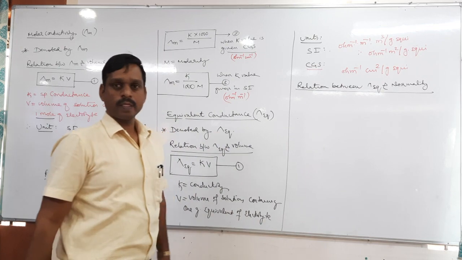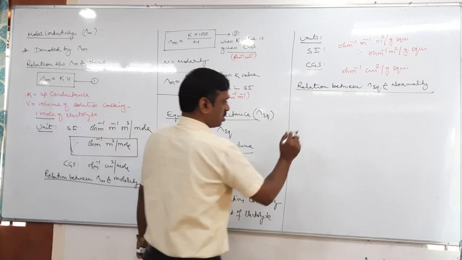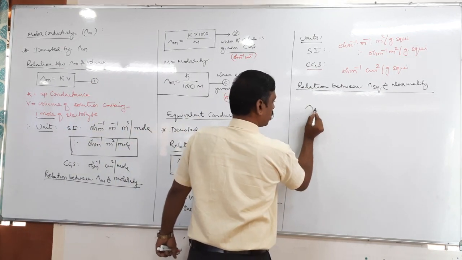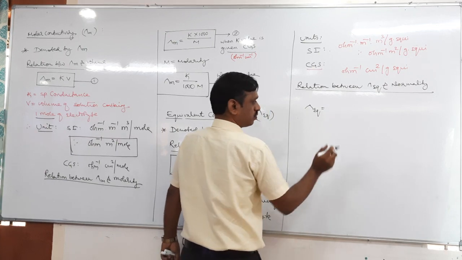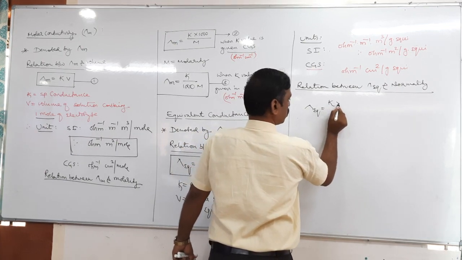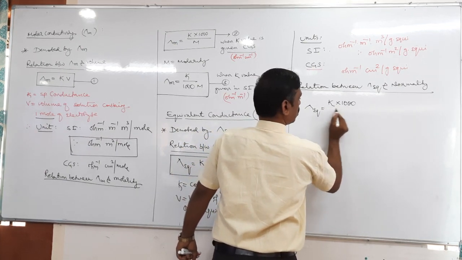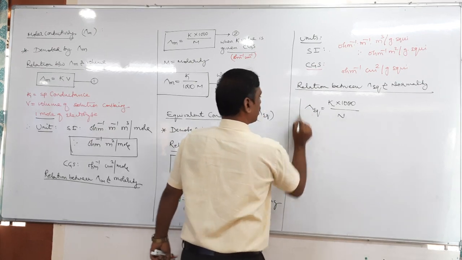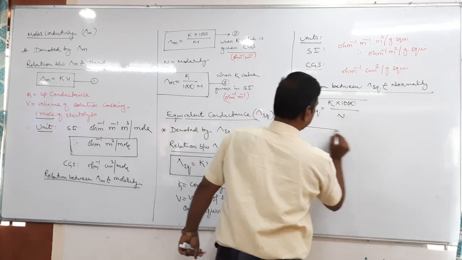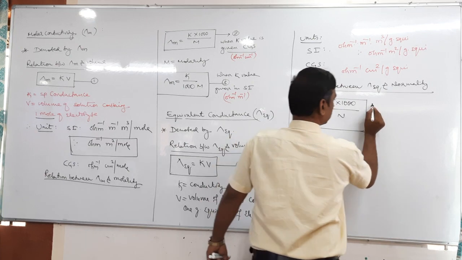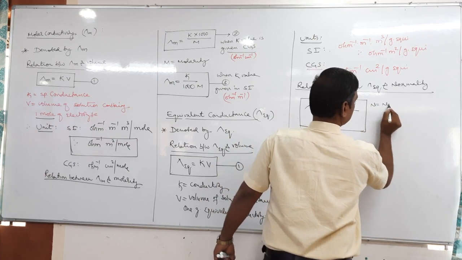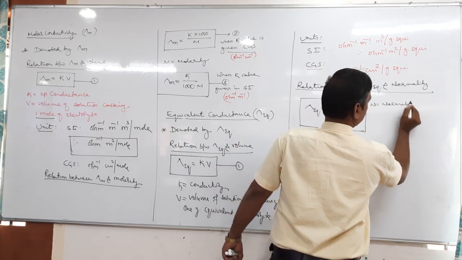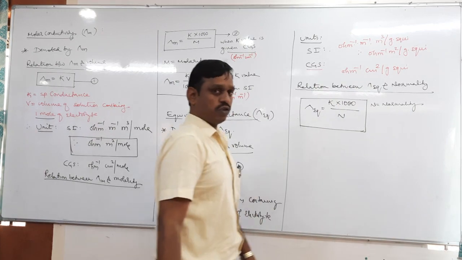There is a relation: lambda EQ equal to K into 1000 divided by N, where N is the normality of solution.